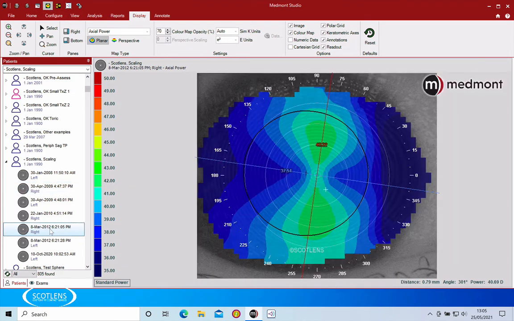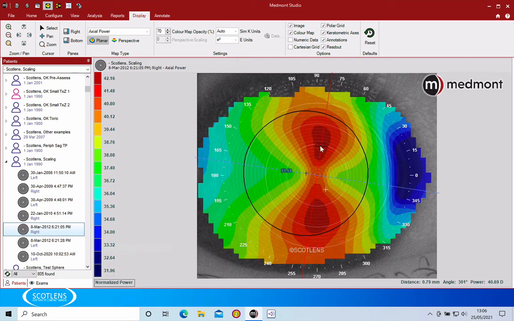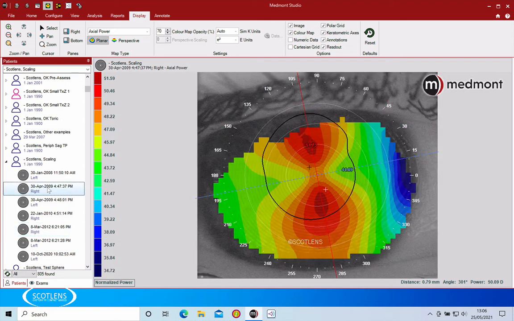Now let's just look at one map. So let's look at this very flat cornea, and we're going to go to a normalized scale. A normalized scale means the topographer is going to pick the steepest part of the cornea and allocate it the steepest colour, and the flattest part it'll allocate the flattest colour. And you can now see, if we go between what was a very blue, very flat cornea, and the very small, steep cornea, that they're now comparable.